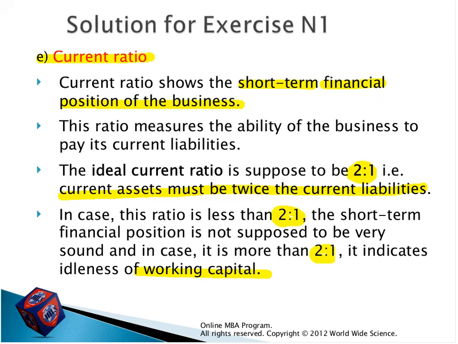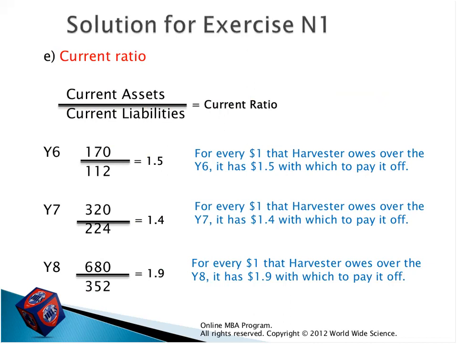Let's see, based on our exercise, the results of the current ratios. Okay, the formula is current assets divided by current liabilities, right? For year 6, we take our current assets 170 and divide by our current liabilities, which is 112. We have got the result 1.5.